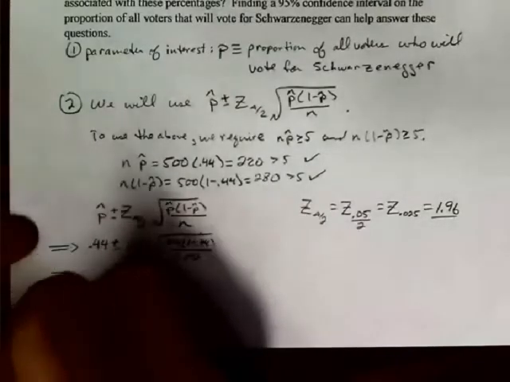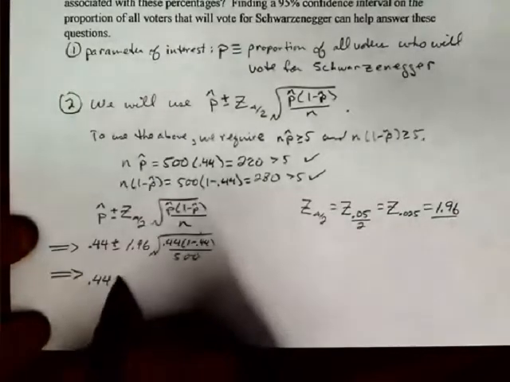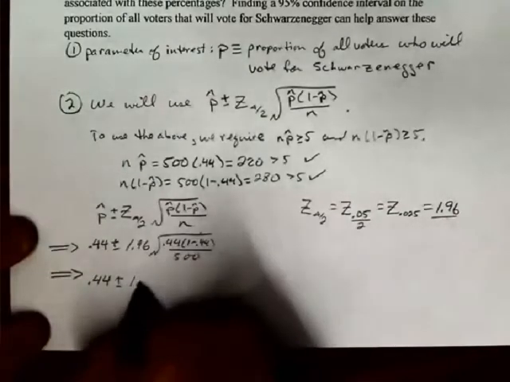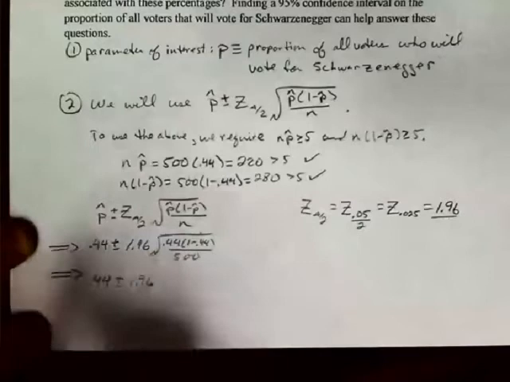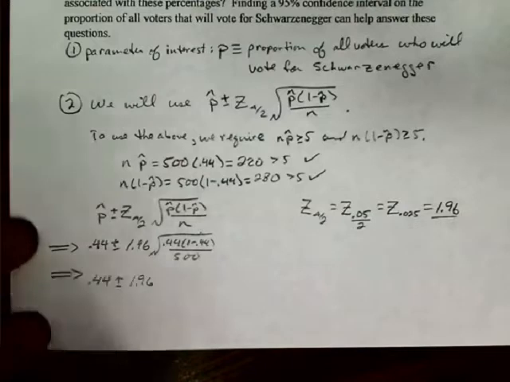So simplifying, we've got 0.44 plus or minus 1.96. I want to simplify this term. So I got 0.44 times 0.56 divided by 500. I'm doing this on the side, then I'm going to take the square root of that.